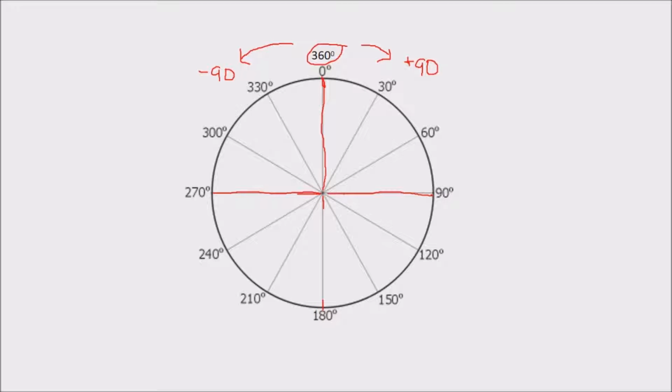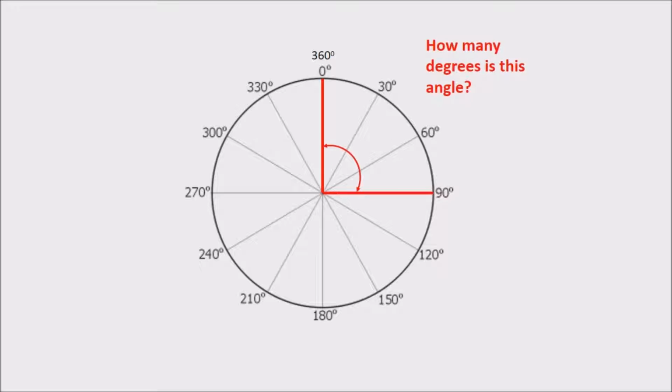Okay, so let's just try a few questions and see if we know our angles. Okay, this one's an easy one. How many degrees is this angle? And that one's 90 degrees. How many degrees is this angle?